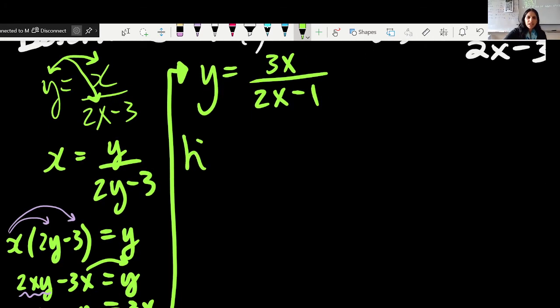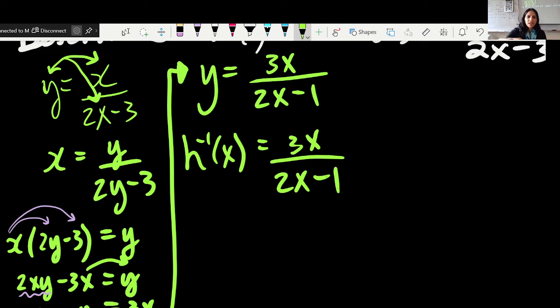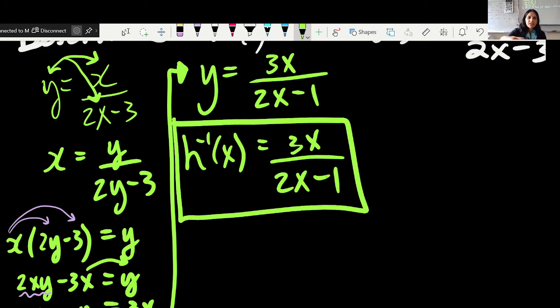So it's going to be the inverse of h of x equals 3x over 2x minus 1. After all of that, we end up with our inverse function. It's just that we had a bit more going on in this scenario than we did with the others. Are we good so far?